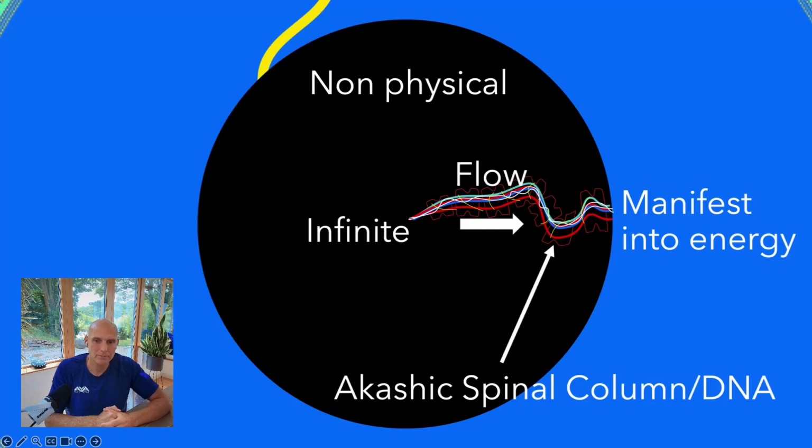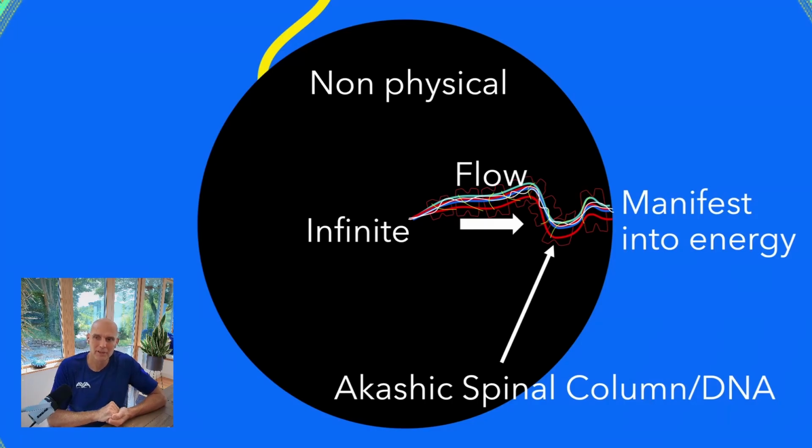Well, the Akashic spinal column is also the backbone of your Akashic stream. So there are these reproducible concepts throughout the universe, I think, and DNA or a spinal column is one of those things. The Kundalini system looks quite similar, doesn't it? So in Akashic self-healing, this Akashic spinal column is the bit that we're interested in.